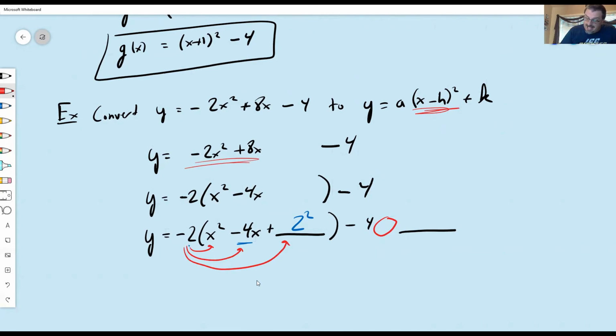And I actually don't care about the last one. So that's going to be minus 2 times 2 squared, or minus 2 times 4. This is a minus 8. So we just subtracted minus 8 from the problem. I have to do the opposite, which means this is going to be a minus and an 8. Because of this 2 out front, this minus 2 out front.